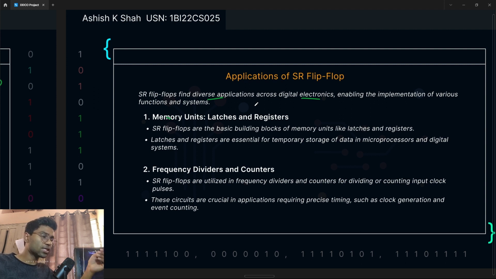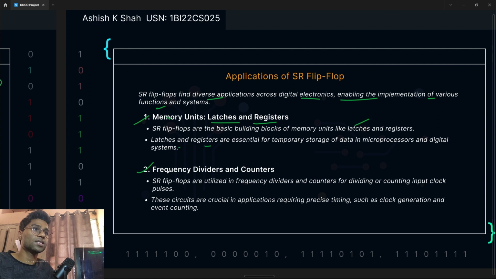So we need flip flops, we need memory, we need latches to store our information. This enables the implementation of various functions and systems, like memory units, where we use latches and registers. SR flip flops are the basic building blocks of memory units like latches and registers. Latches and registers are essential for temporary storage of data in microprocessors and digital systems.